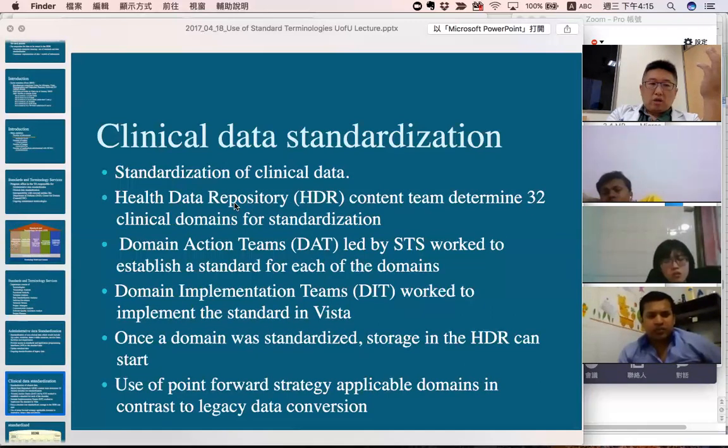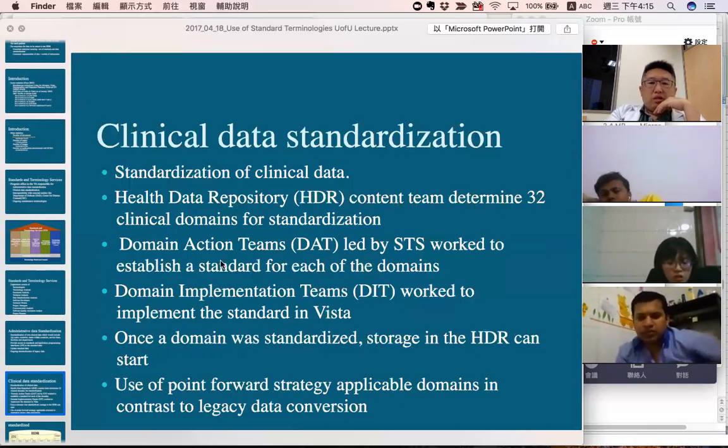In the VA, they call it HDR, the Health Data Repository, and in the 3M system, they call it HDD, the Health Data Dictionary. It stores the information. Later we will explain.